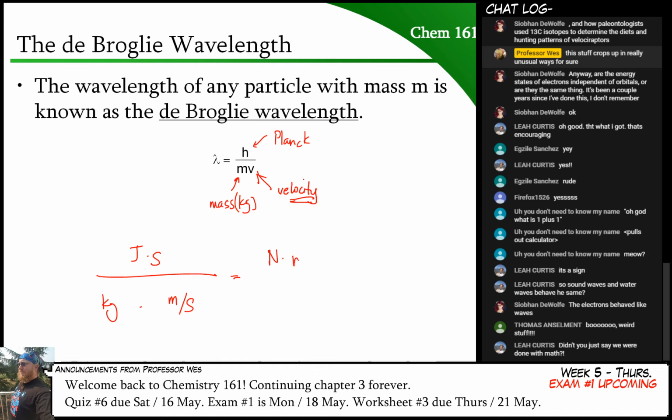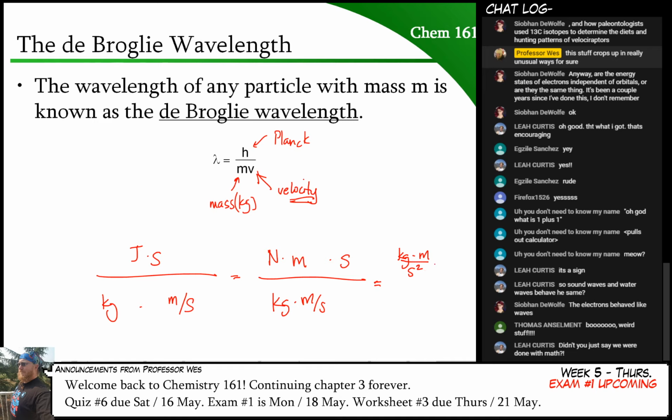A joule is a Newton meter. And this is my second from over there that I need. And a Newton is actually a kilogram meter per second squared.